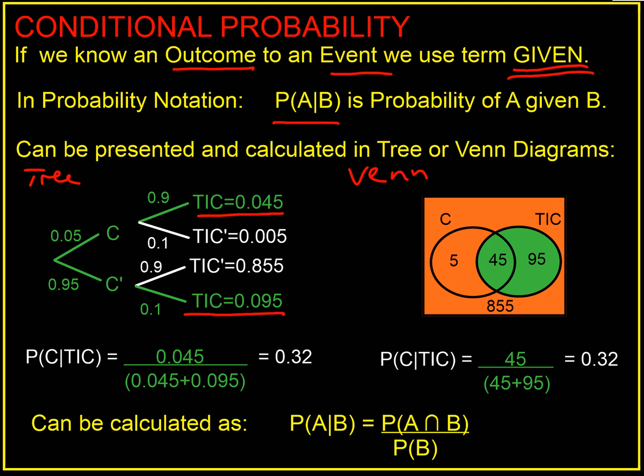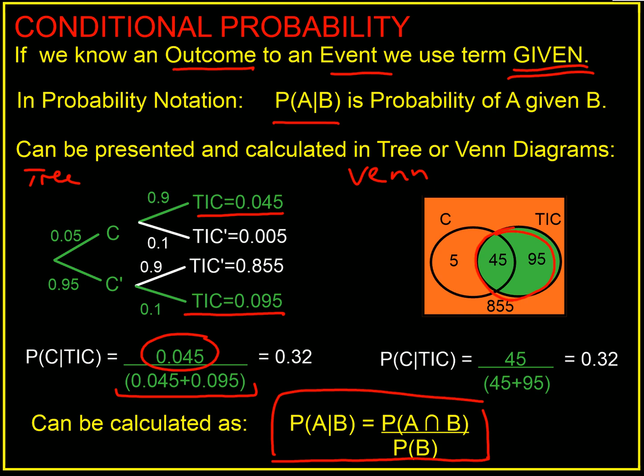Then we do our calculations. It's the probability of entirely meeting the 2 criteria, cancer and test indicates it, divided by our total. We could do that either way from above, or we can go straight to using our probability formula. Probably the Venn diagram is the most intuitive one to use.